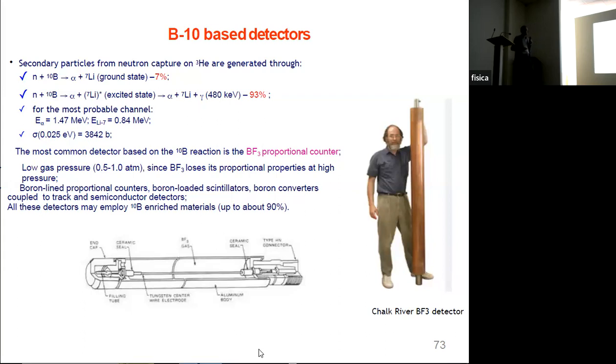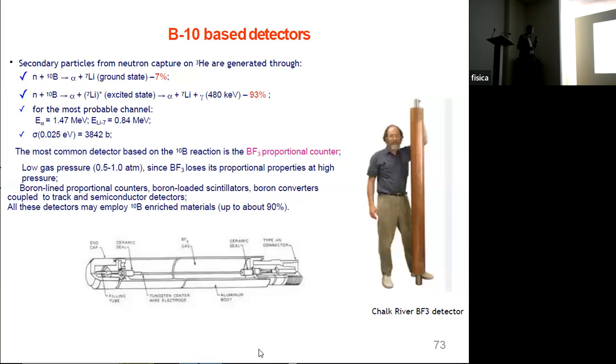These detectors were invented in Canada in Chalk River laboratory. They're located pretty high because they have to detect neutrons from the cosmic rays, and these detectors, as I understand, are used for cosmic ray physics even until now. It's very impressive.